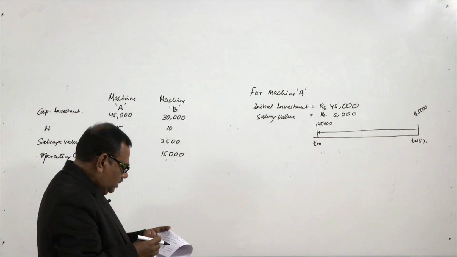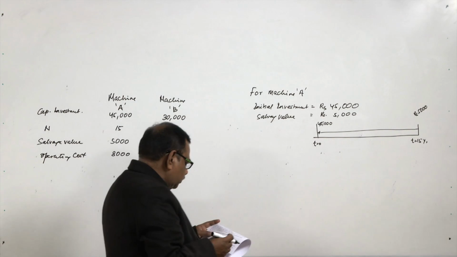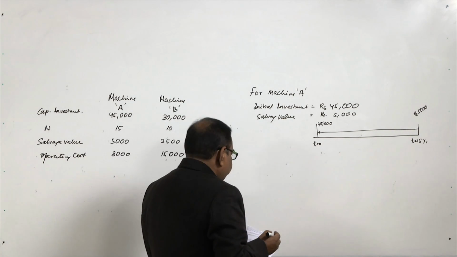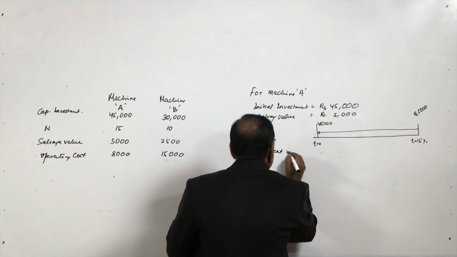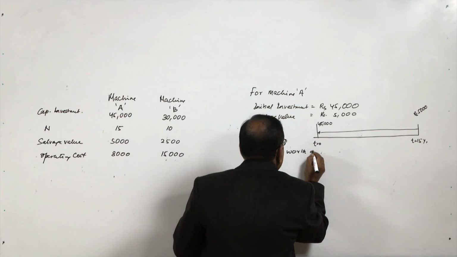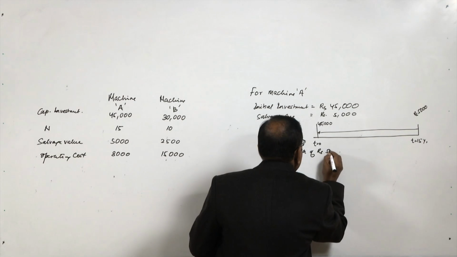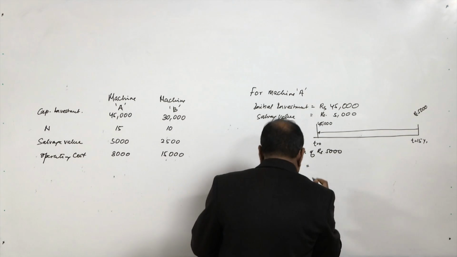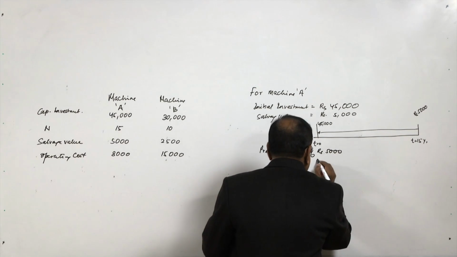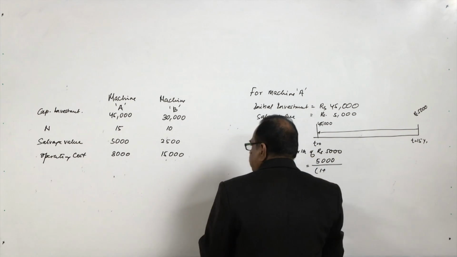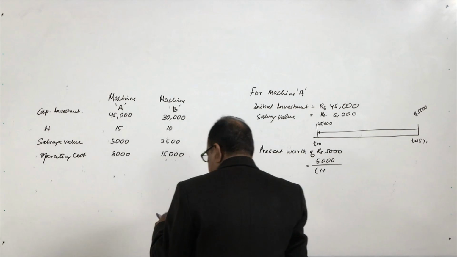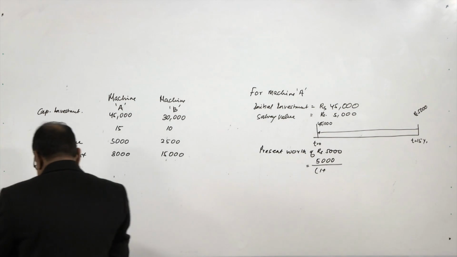Now, I have to find the present worth of rupees 5,000, which is 5,000 divided by 1 plus the interest rate, which is 10%.